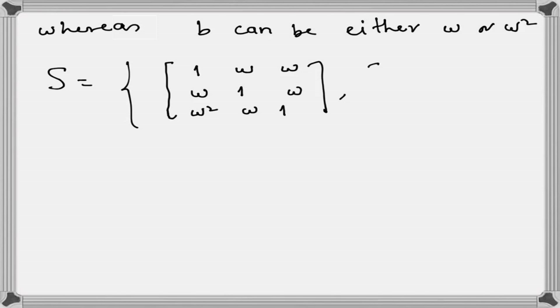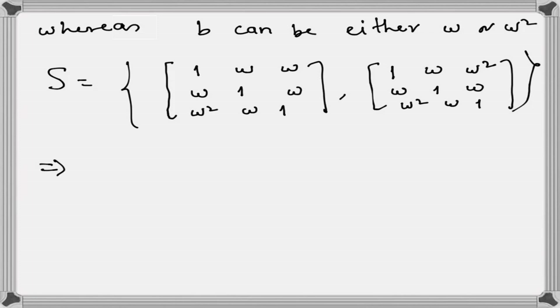Another is when B is replaced by W square: (1, W, W square; W, 1, W; W square, W, 1). So these are the possible matrices. This means S can have only 2 matrices.